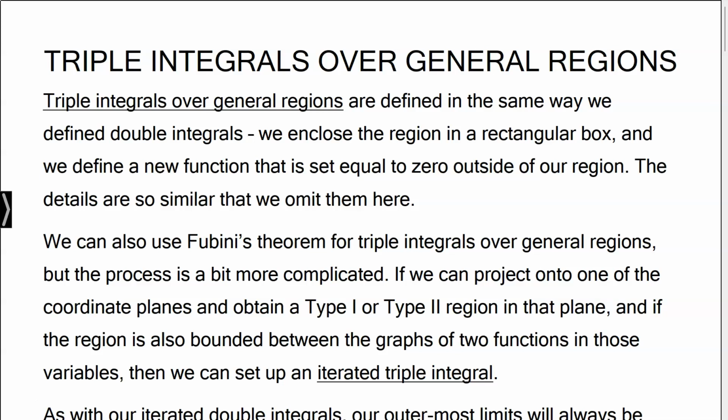If you think of all the permutations of x, y, and z, you could have dx dy dz, dx dz dy, dy dx dz, dy dz dx, dz dx dy, or dz dy dx. And figuring out which of those 6 possibilities you want to choose is sometimes part of the problem.